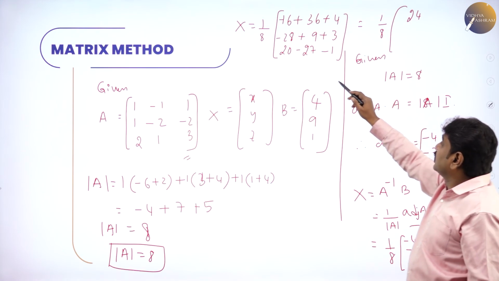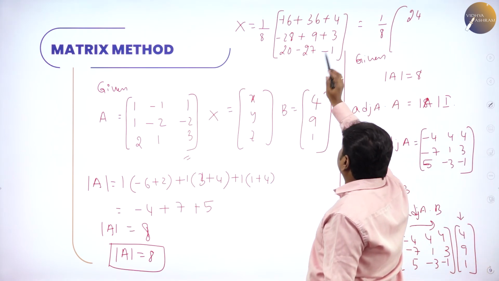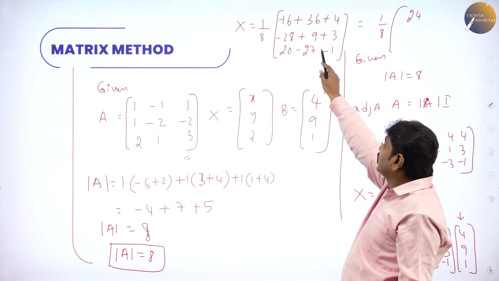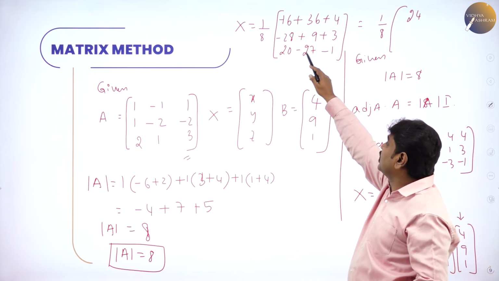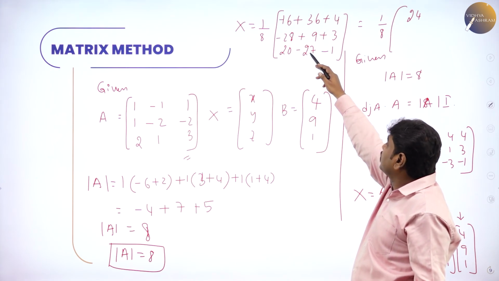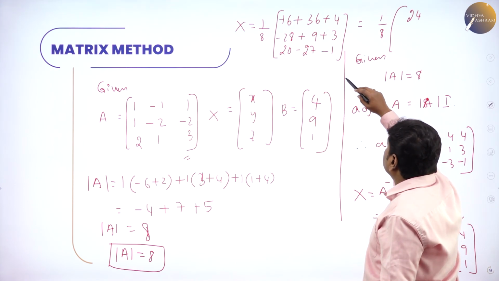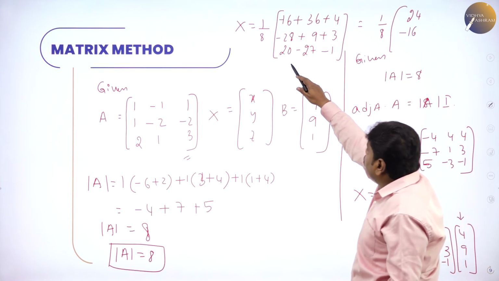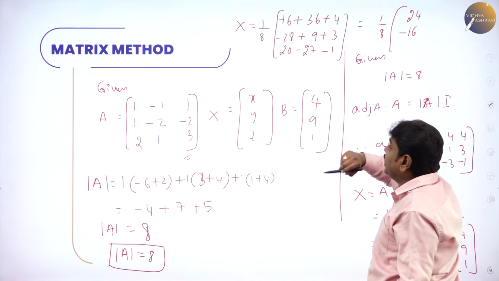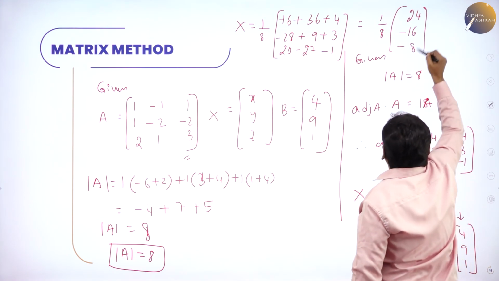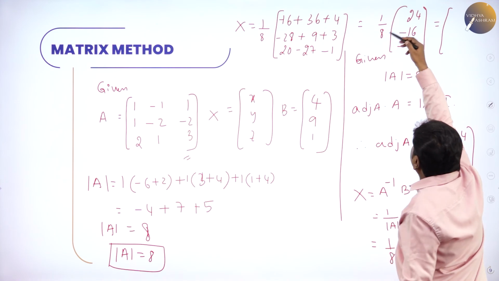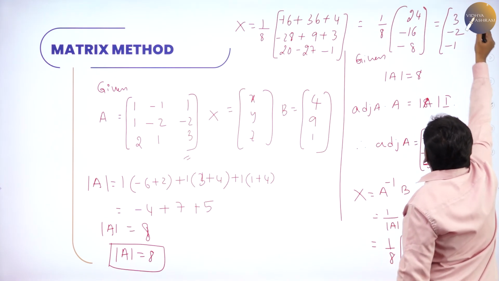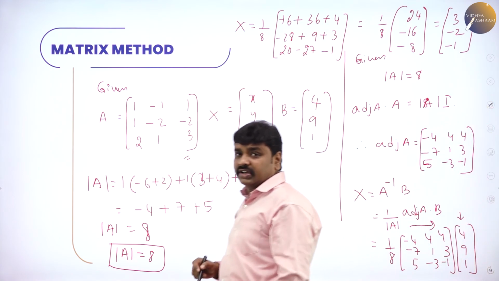Then 9 plus 3 is 12, minus 28 gives minus 16. Then 20 minus 27 minus 1 is minus 8. Now you take 1 by 8 inside and multiply: 8 ones are 8, 3s are 24 so 3; minus 16 gives minus 2; minus 8 gives minus 1. So you got x, y, z.